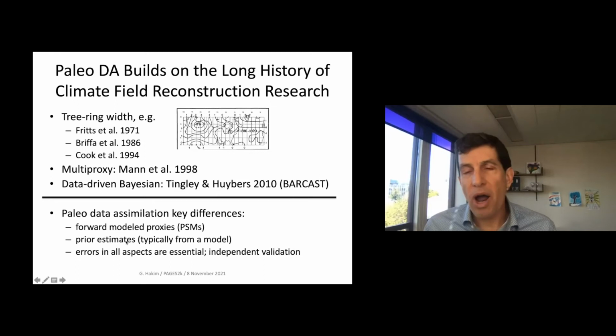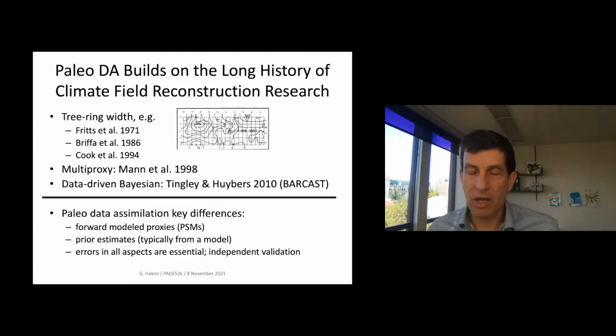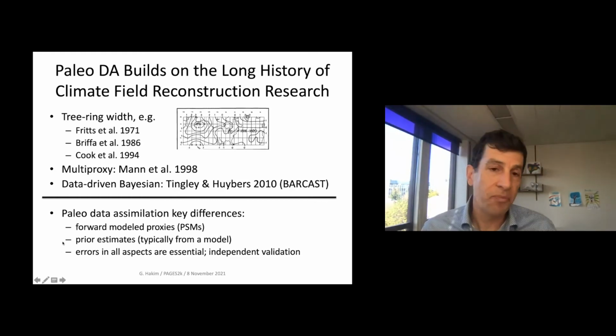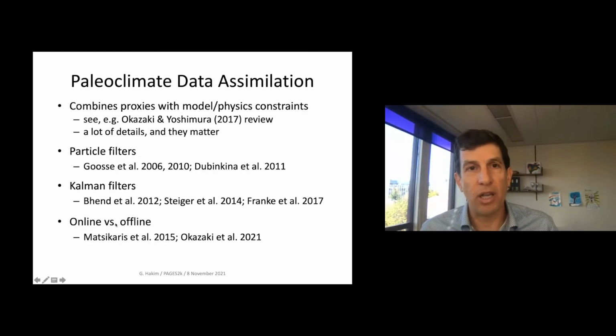And we also have these prior estimates of the climate, which typically come from a climate model, but they need not. And perhaps the most essential part of this is that errors in all aspects have to be well estimated. So errors in the proxies, error in the prior model estimation, errors in the PSM, and that will allow us to do independent validation to estimate the errors in the posterior, the analysis that we have, and how good they are.